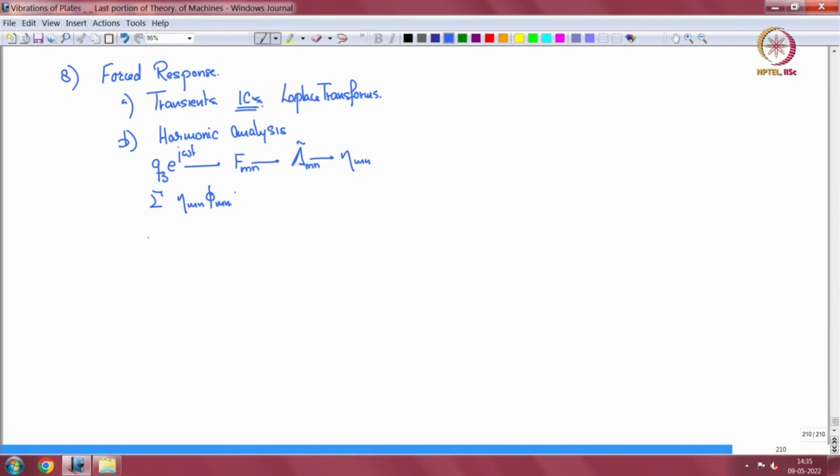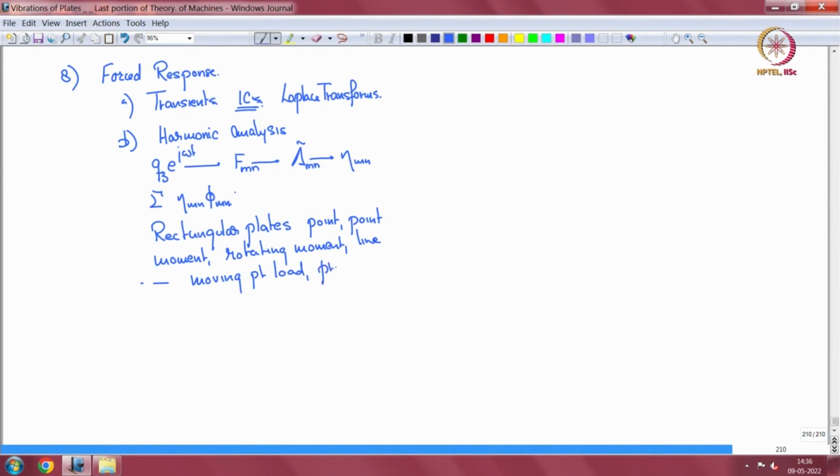And we looked at largely rectangular plates, and we applied various types of forces: a point force, a point moment, a rotating moment, a line force, a line moment, a moving point load, pressure, etc. We said the units have to match, and it has to be a proper description of the force.